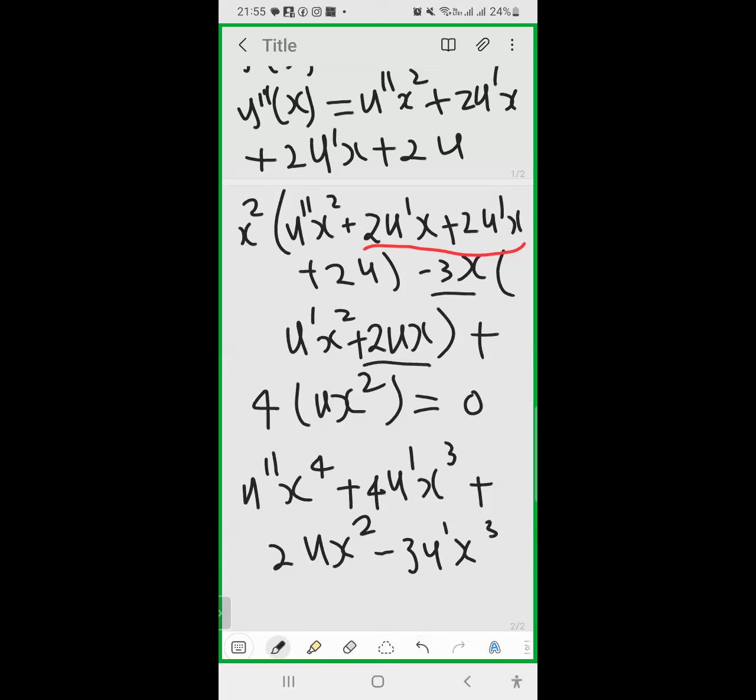So this will be minus 6ux squared. Then plus 4ux squared is equals to 0.